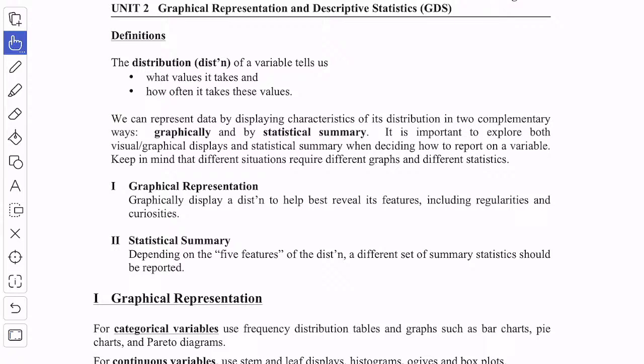When we get data, right, so we get values, because variables are a number. We get these values. What do we do with it? We want to visualize all the values at once to begin with, because that will help us determine what kind of statistics we can calculate. I'm going to show you a systematic way of examining data.